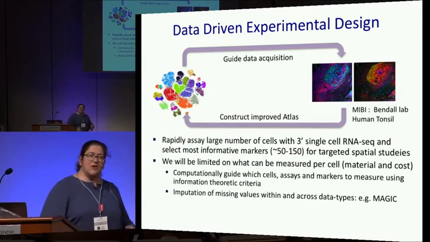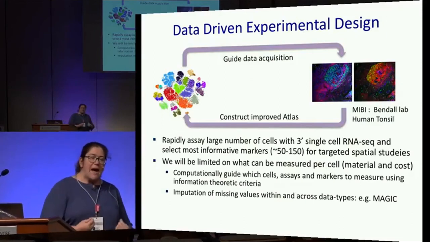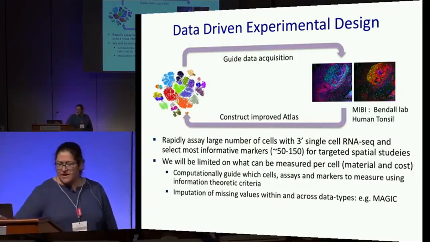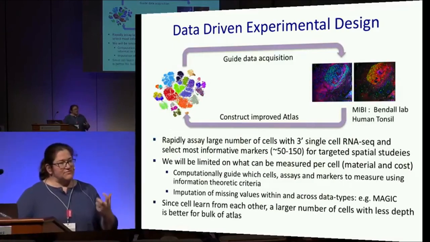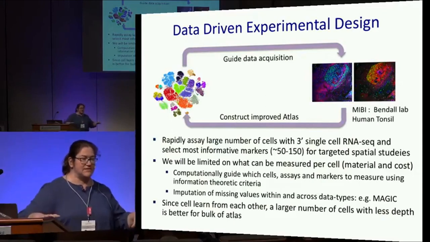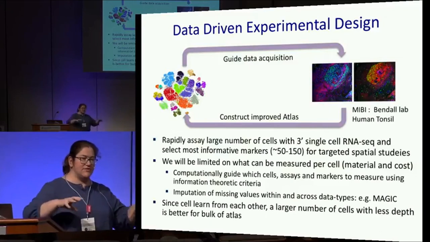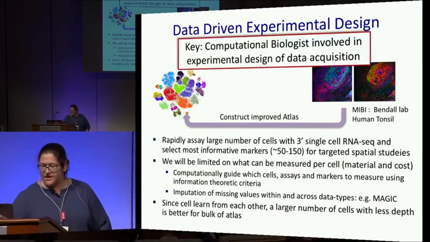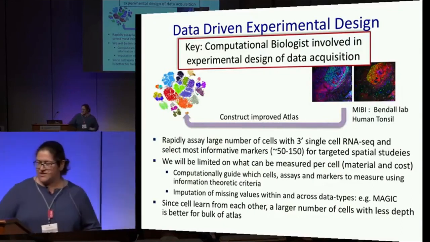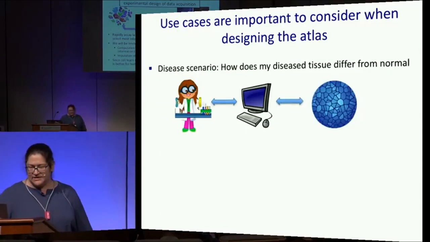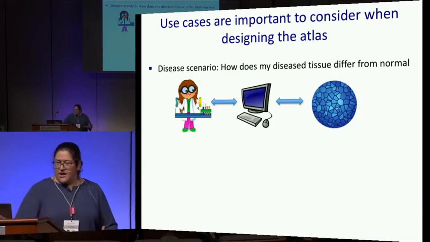We're going to have to decide what are the assays, the cell types that we're going to do to maximize our information, imputing potentially missing values. And I really believe that more cells and less depth will be the foundation of the atlas, particularly because you have so much information to learn across cells. And critically, the computational biologists should work hand in hand with the experimental biologists in designing the data acquisition.